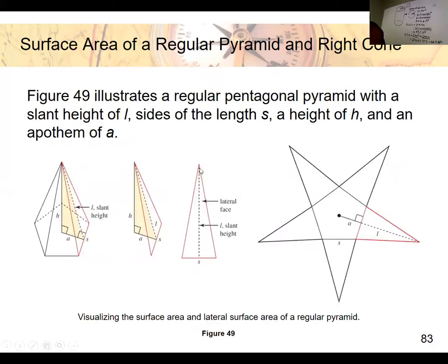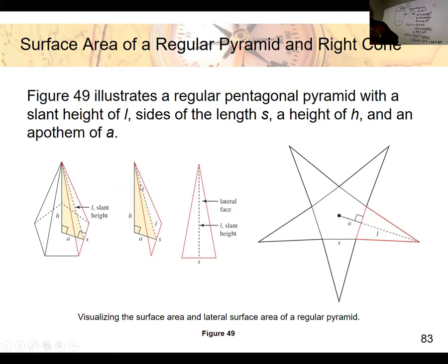So here is a representation of the slant height. All right, this triangle in red that you see here, this dotted line, that is the slant height, denoted by lowercase l. That's coming from the tip of the pyramid to a point perpendicular to a side of that pyramid. And then you have your vertical height going from the tip to the center of the base.